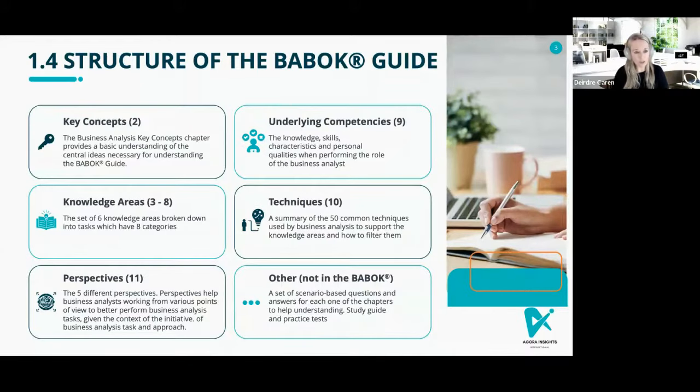There are also perspectives, where we talk about things related to business analysis, such as business architecture, agile, and data. These perspectives are less important for those who are ECBA, and probably informative, with some of it needed, if you are CCBA or CBAP. And then we obviously do other things within our program.